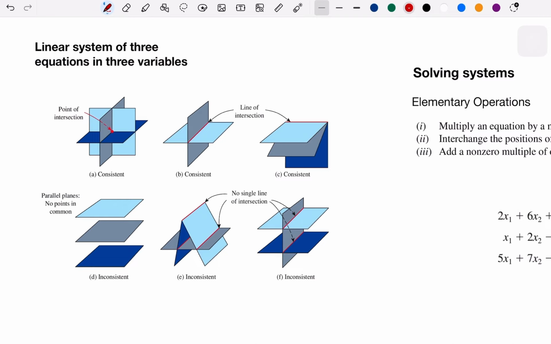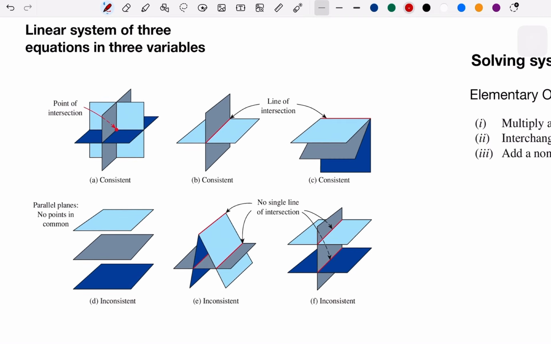So you will see that the consistent one can have a plane on all axes. So the z-axis, x-axis, y-axis all have a plane, and of course, all will intersect at this point. But we also have a consistent one where only 2 planes have a line intersection.